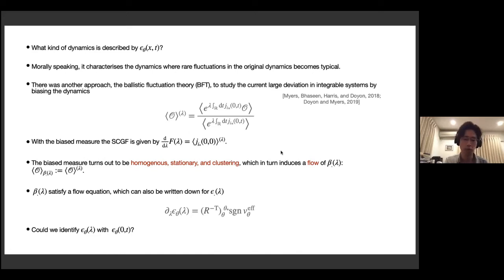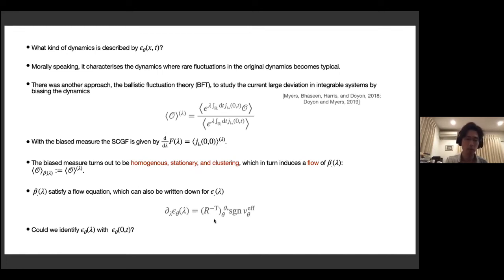And of course, this in turn induces a flow of beta lambda in this way. I'm not writing down how you can get it, but you can obtain a flow equation for it. Equivalently, you can also write down a flow equation for epsilon lambda in this way.